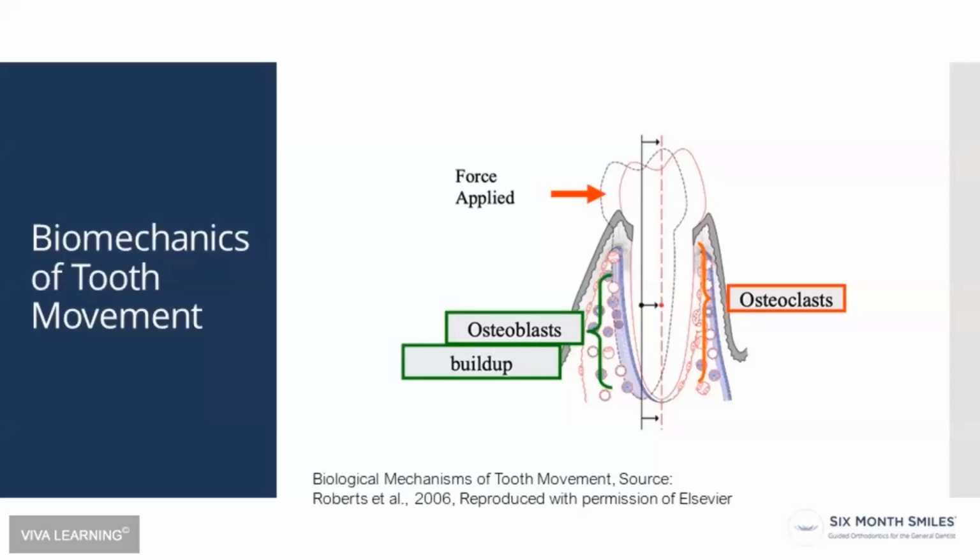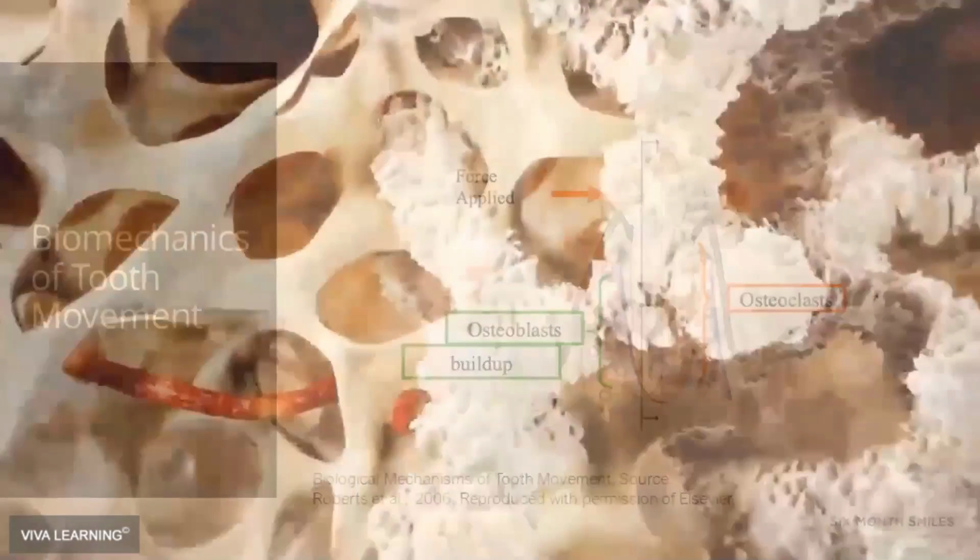Obviously, the osteoclasts will be coming into this area to create the space where the tooth needs to move into, and the periodontal ligaments that get stretched will release a group of osteoblasts to create a buildup of bone to fill the gap where the tooth is moving from. So that's the way it goes.